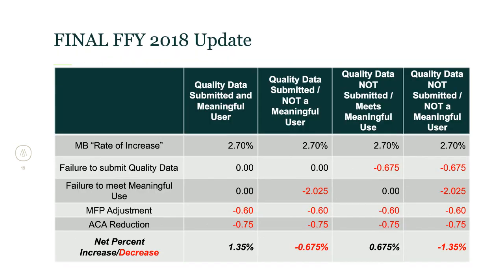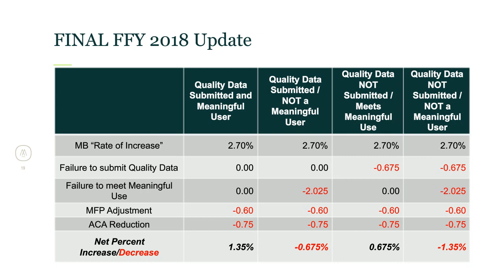To get to our market basket adjustment right now, CMS is looking at their standard market basket rate of increase, which comes from cost report information. CMS uses what's known as a Laspeyres type market basket, which measures a basket of goods, the same goods and services over a period of time, similar to a consumer price index.